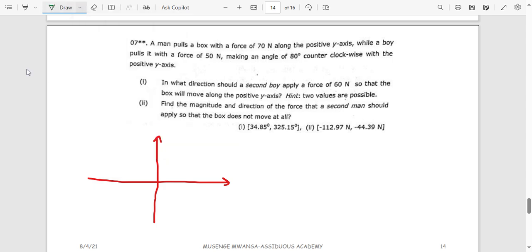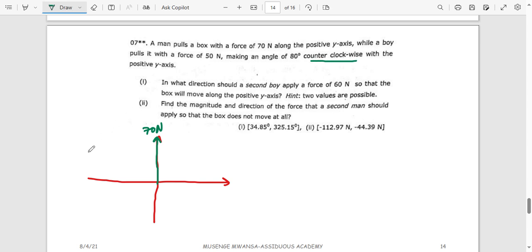Starting with the first one, a man pulls a box with a force of 70 newtons along the positive y. So it is going upwards like that, and the force for the man is 70 newtons. While a boy pulls it with a force of 50 newtons, making an angle of 80 counterclockwise.